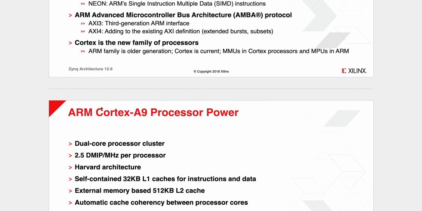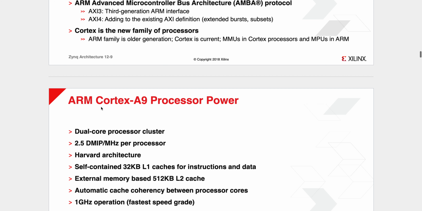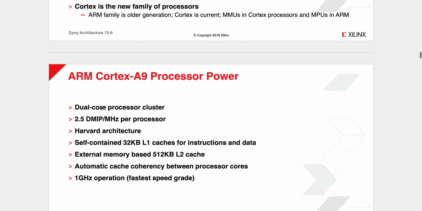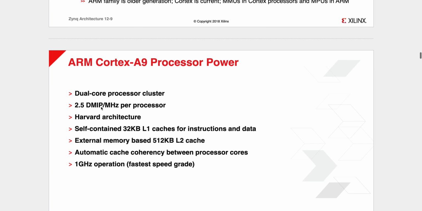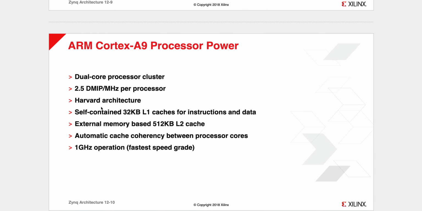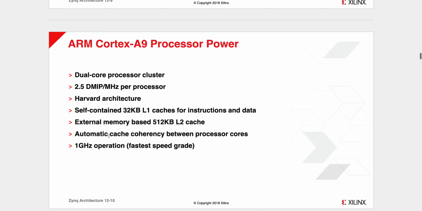The Advanced Extensible Interface 3, which is the third generation, and the Advanced Extensible Interface 4, which is the fourth generation or an advancement of AXI3.